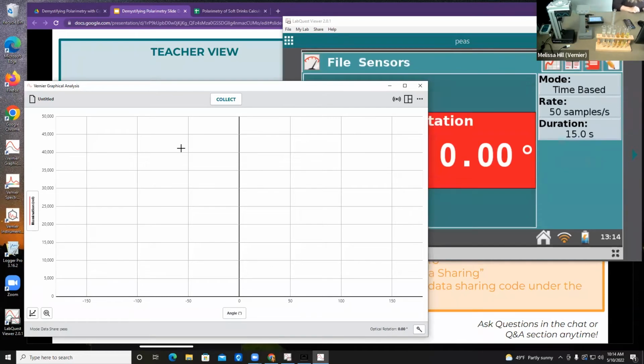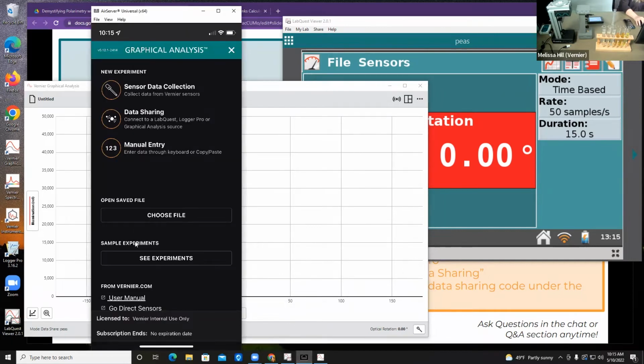But I also have Luis, who's at his football game this weekend, and he wants to join live. I have all of you out there that want to collect data live with me. So your screen looks like this. You've already joined GA Pro, but you're still on this welcome screen, right? Okay, so you go ahead, and this is actually just my cell phone, so I'm going to connect to it, but you all can connect as well.